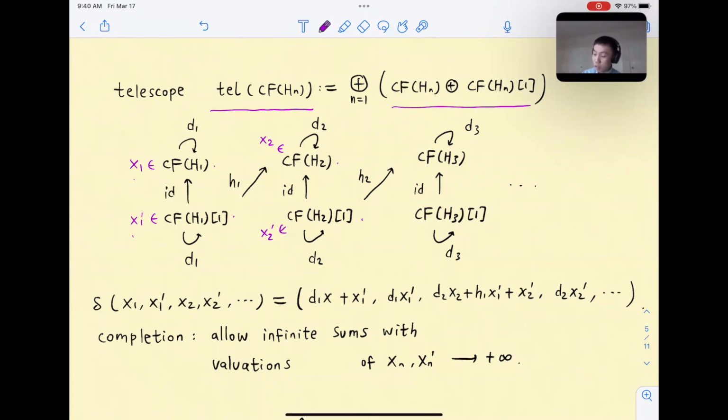The big differential is just taking the d1 of x1 plus x1 prime. So that's the first slot. In the second slot is just d1 of x1 prime. And the third slot, we have three arrows here: d2 x2 plus h1 x1 prime plus x1 prime, x2 prime.